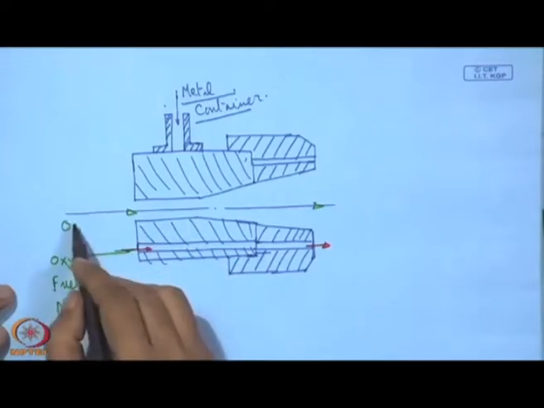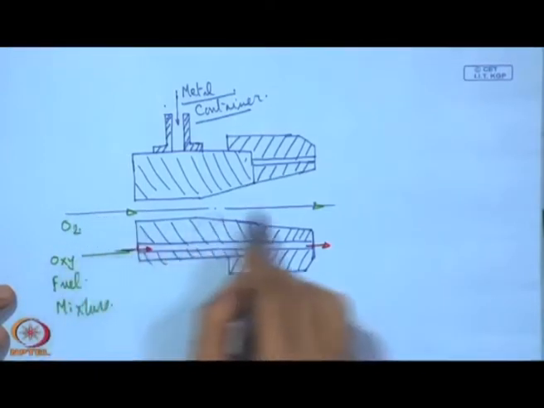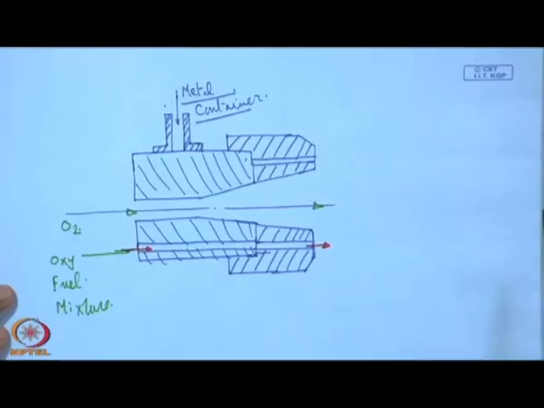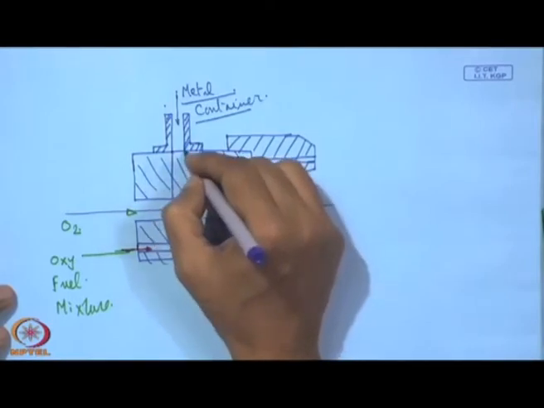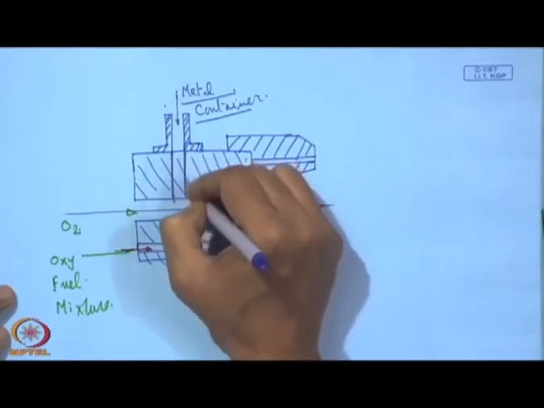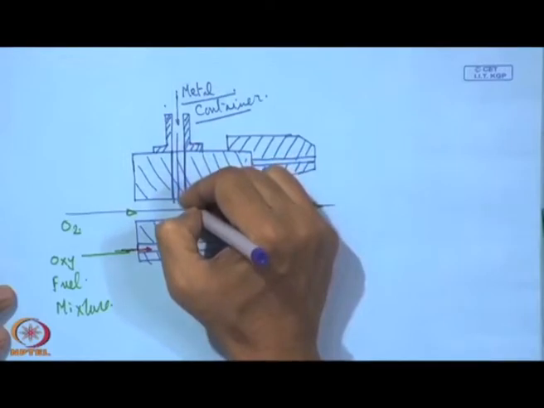The oxygen passing through this central passage is actually called the aspirator gas, and here we have to have this opening right up to this point, so it will flow up to this point.